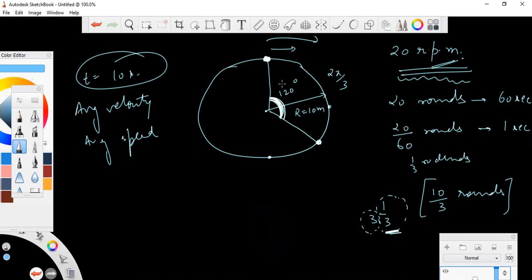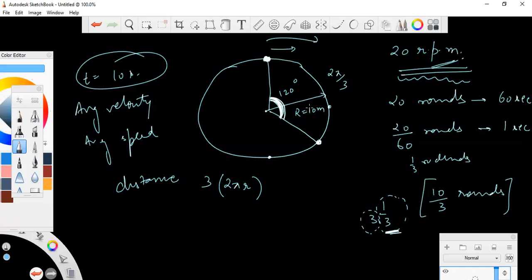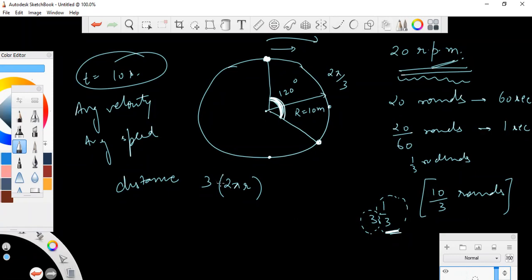So here, if I ask you the total distance for 3.5 rounds, for one round, what is the total distance? 2 pi r, right? 2 pi r is the circumference. This is for one round. For 3 rounds, it will be 3 times this, right? Or can I just multiply 10/3 with 2 pi r?